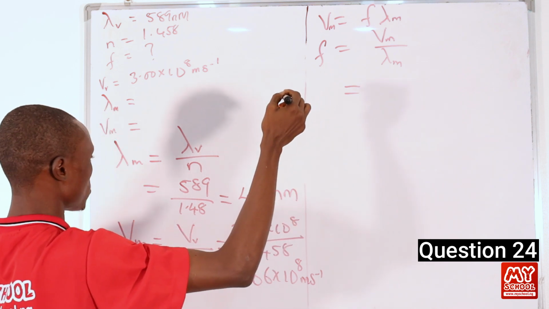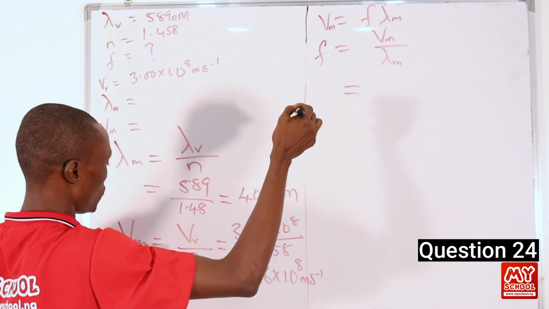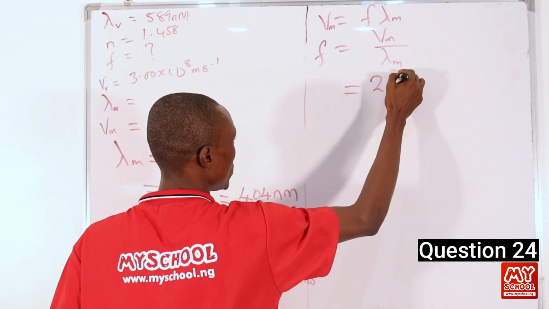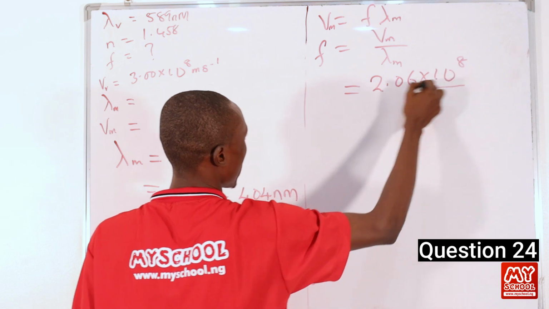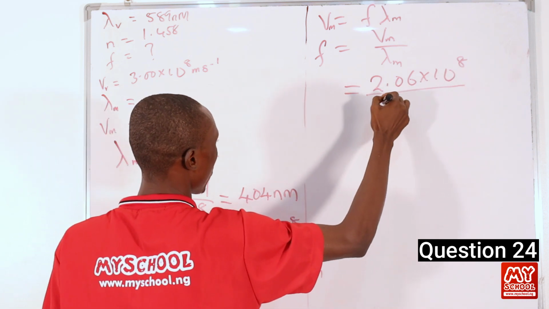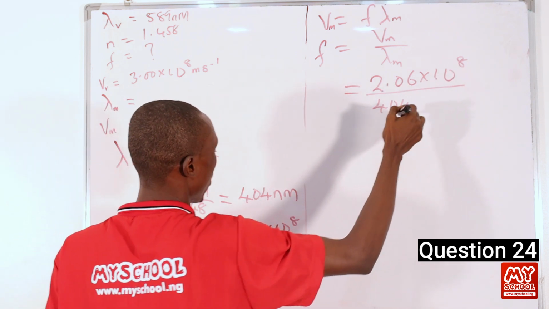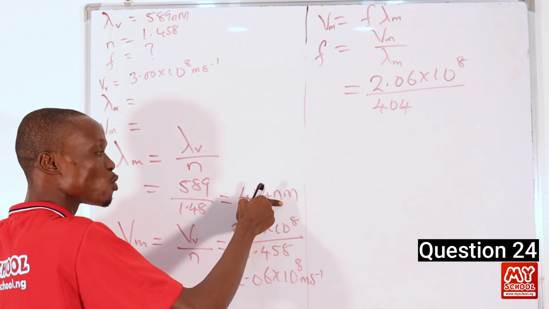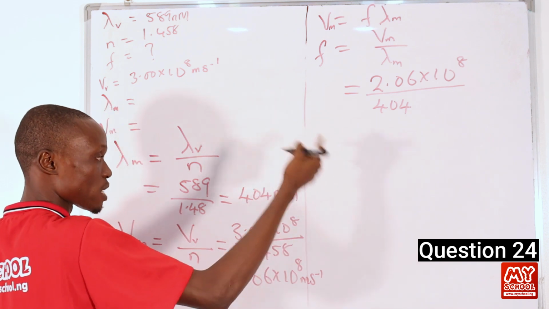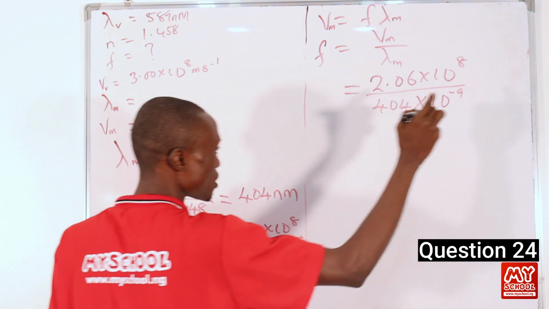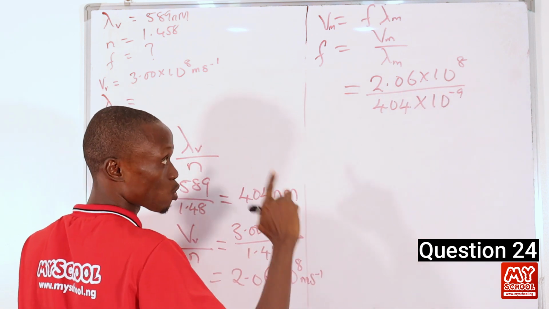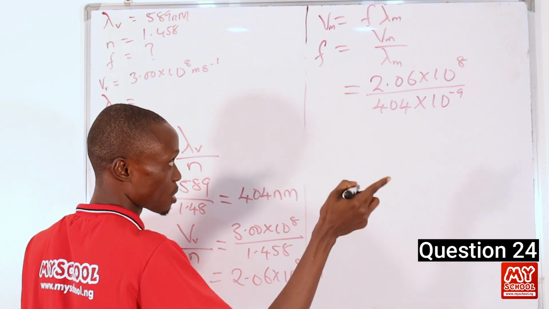For Vm, we got 2.06 times 10 raised to power 8, then divided by 404. Of course, this is given to us in nanometers, so we have to convert it to meters by multiplying by 10 raised to power minus 9. Remember that 1 nanometer is equal to 1 times 10 raised to power minus 9 meters.